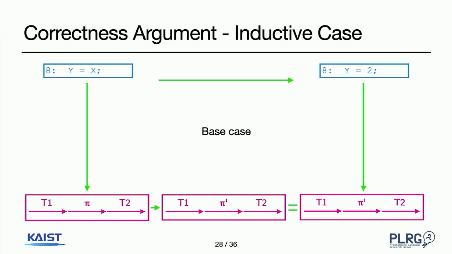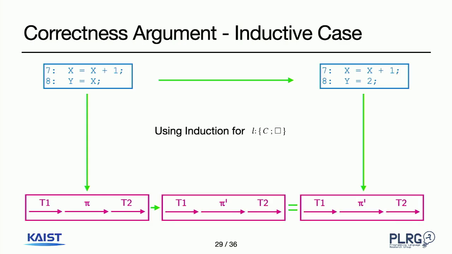Suppose we prove the base case and inductive case for all contexts for the constant propagation transformation. Then I will show how the correctness argument of an arbitrary program is proved. First, the base case carries proof only for the matched part, and after using induction for the sequence statement, the correctness argument is propagated to a larger program component.